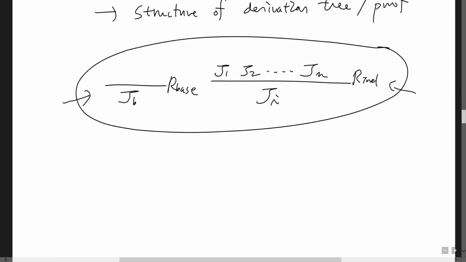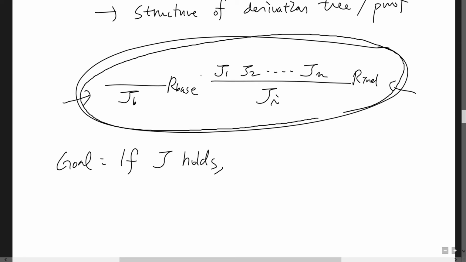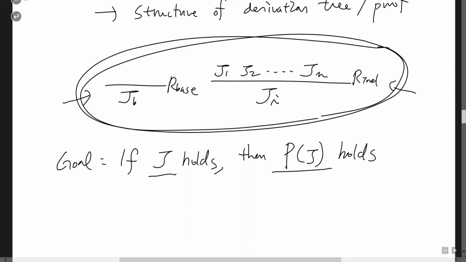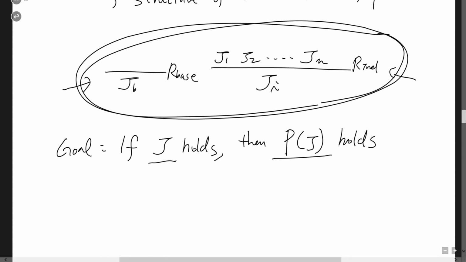And now we'd like to prove: if some judgment J holds by applying these inference rules, then we'd like to show that another judgment of this form, P of J, holds. So this is another judgment that is parameterized over this judgment J. So here's an example. Let's say J is n nat, which says n is a natural number.